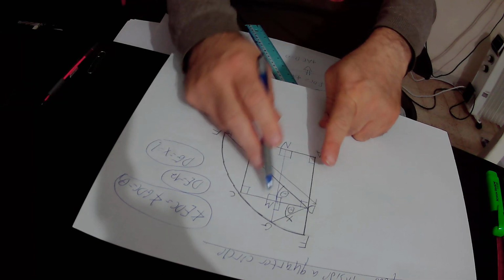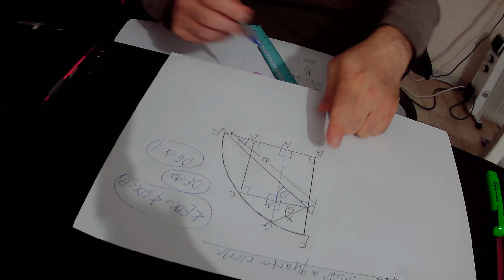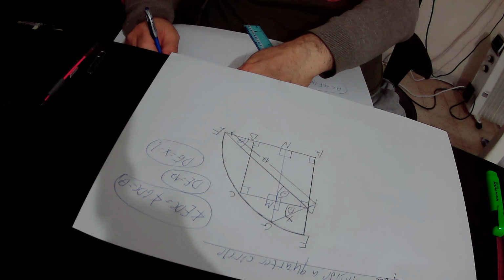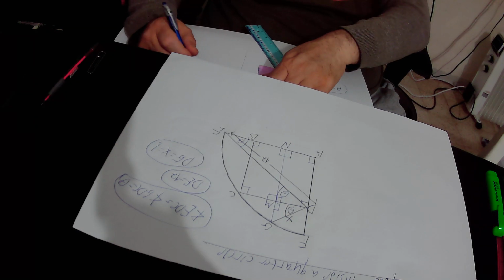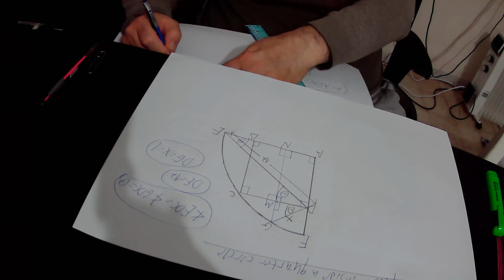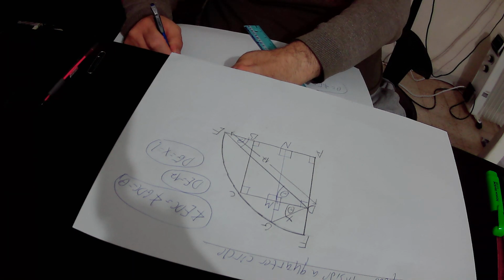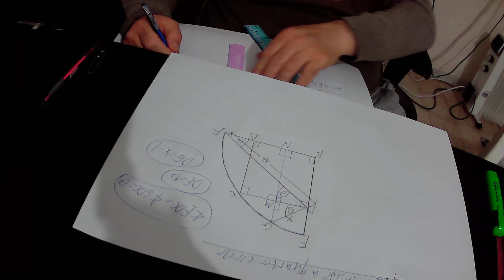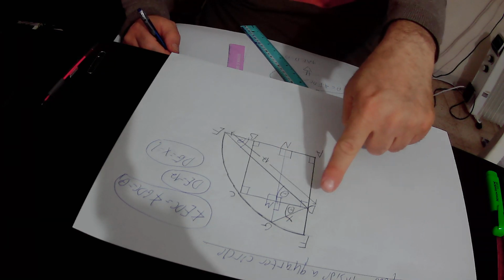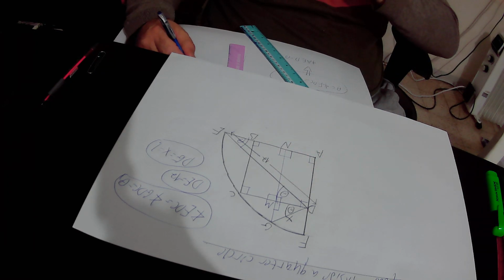The hypotenuse DG equals x. X is the variable that we are looking for. Angle MDG equals theta.